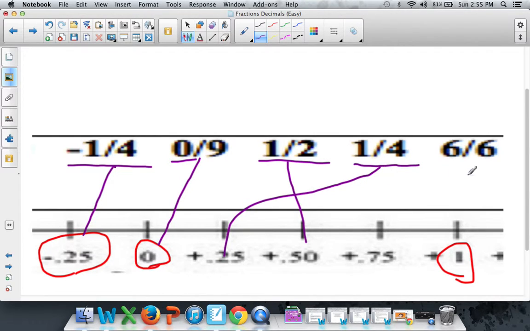And last but not least, 6 out of 6. Well, remember, numerator and denominator are the same. So that must mean it equals 1 or 1 whole. 0.75 never got a buddy. But if I had to draw a buddy for him, anybody know what it's going to be? If you are thinking already 3/4, you're quick, man. You're speedy, you're fast, you're getting it.